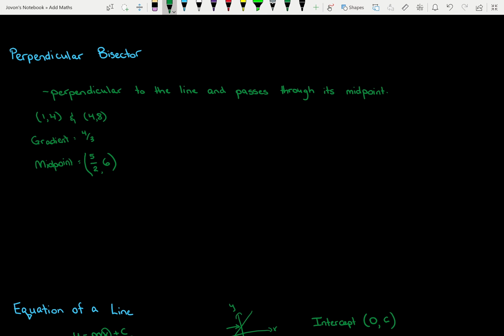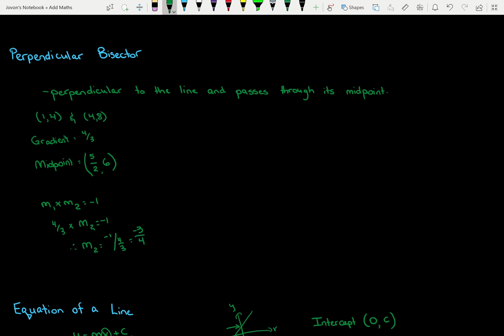So remember we have m1 multiplied by m2 is equal to -1. If we want to find the gradient of the perpendicular line, we have 4 over 3 multiplied by m2 is equal to -1. Therefore m2 is equal to -1 all over 4 over 3, which is equal to -3 over 4.